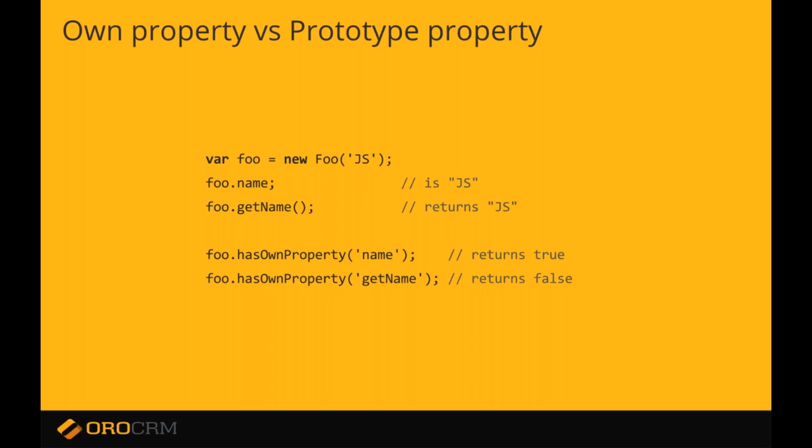And getName is not own; it is inherited from the prototype. So it is not directly assigned to the instance Foo.